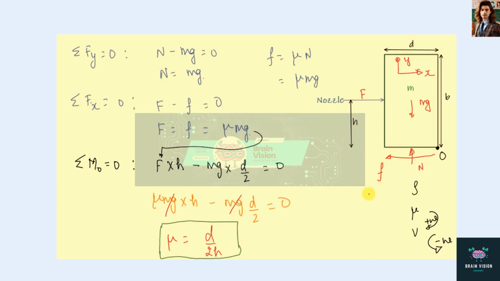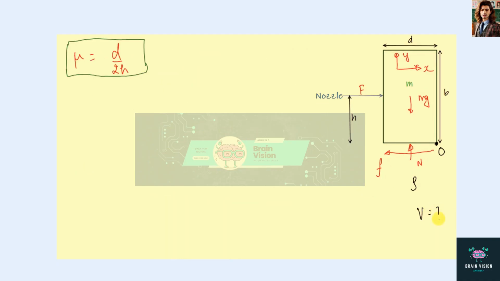Now next we have to calculate the expression for the velocity v. For that let me first calculate the mass flow rate coming out from the nozzle. So m dot equals rho times area times the velocity. Now we can use the momentum balance for the system, which is F net equals m dot delta v.